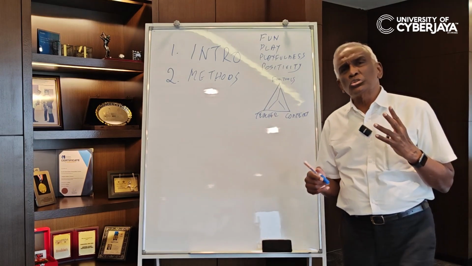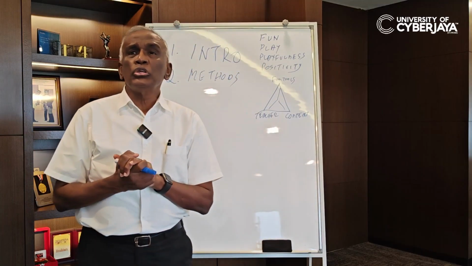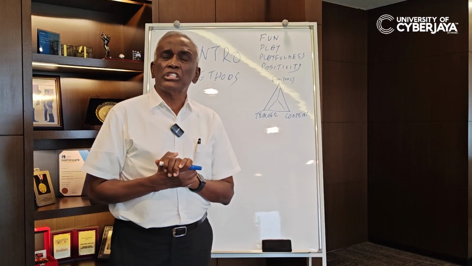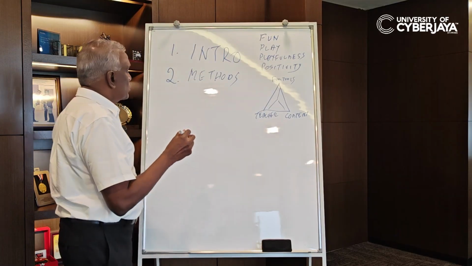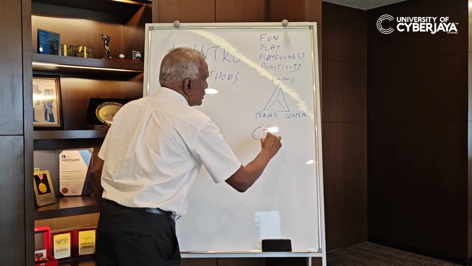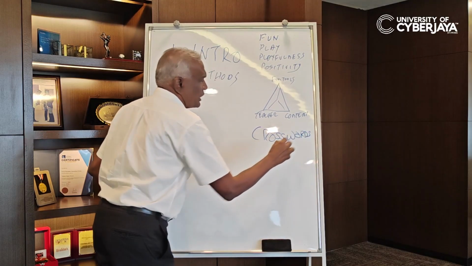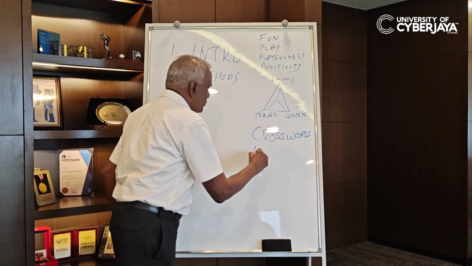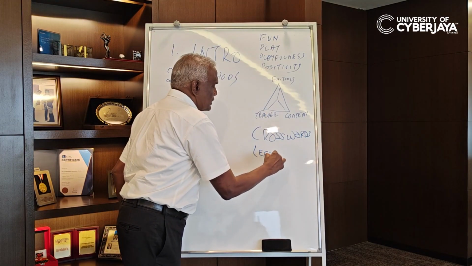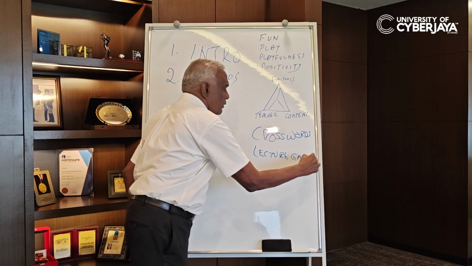The procedure used was a control group with a didactic lecture, and an experimental condition with fun tools. Largely, we used crosswords to deliver the content. Then we used a lecture game, which had a game format within a lecture.